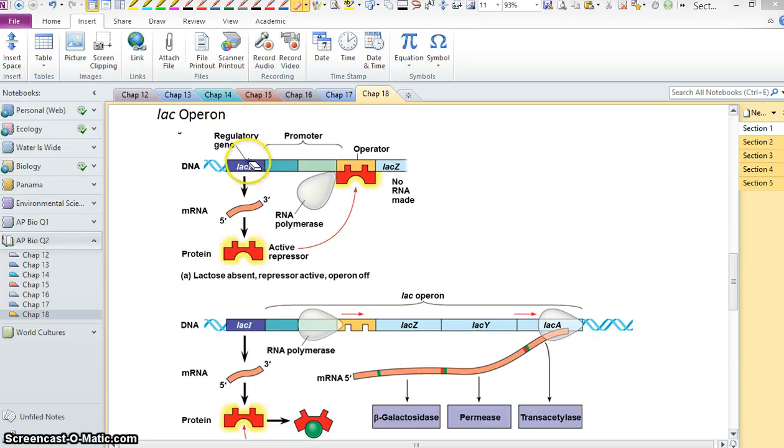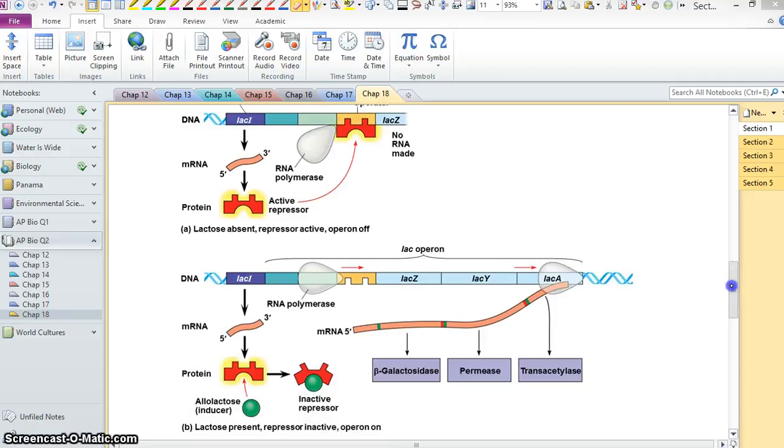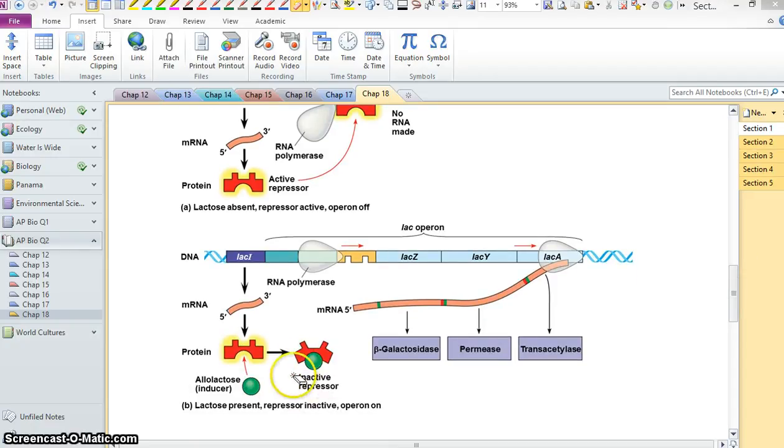Here, the regulatory gene codes for a protein that is going to control the operon, but it's produced in the active state, so it will block the operon. The presence of lactose inactivates the repressor such that it doesn't bind, and so therefore the polymerase is able to do its job and the operon runs, the genes are copied, you make the enzymes you need to digest lactose because lactose is present. So lactose induces this operon.